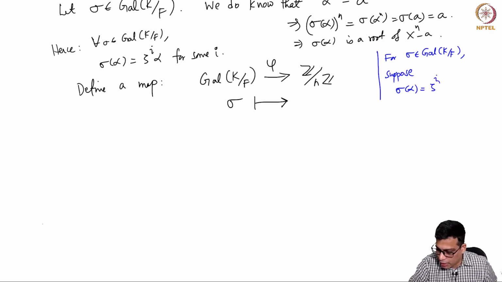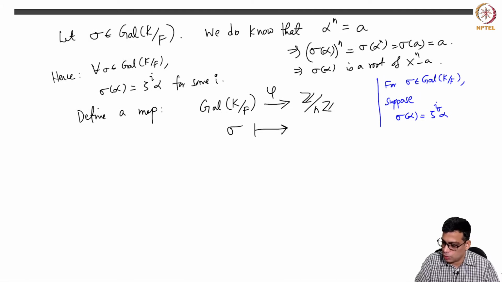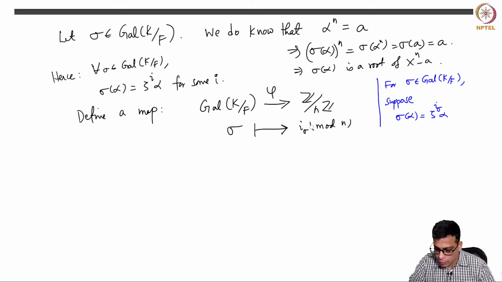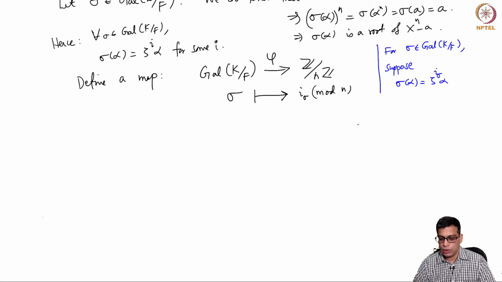That i will depend on sigma, right. So, I will call that the exponent i of sigma. Then I will simply send sigma to i of sigma mod n. I have to be a little careful here because i of sigma is an integer. So, it is not in Z mod nZ a priori, but I can take its residue class modulo n, then sigma will go to i of sigma mod n.